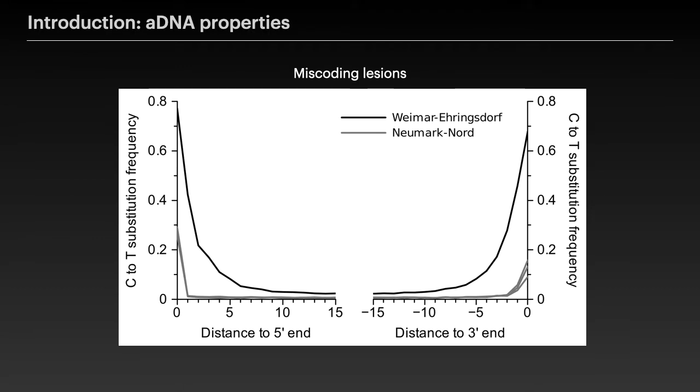So deaminations can take place at any site along the ancient DNA molecule, but they occur with much higher frequency at the ends of the fragments, and this is evident from the increased frequency of thymine bases at the ends of the ancient DNA reads in sites where the reference carries a cytosine base. So we have these C to T substitution patterns due to miscoding lesions.